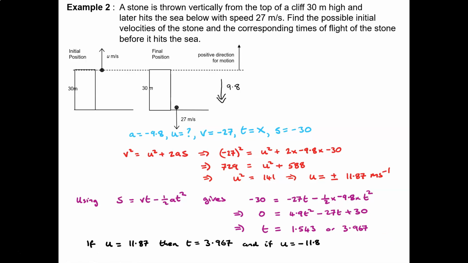Therefore, if u is plus 11.87, then the time is 3.967. If u is minus 11.87, then t would be 1.543. Therefore, draw a diagram, decide what values you want, and think about what is happening in each example.